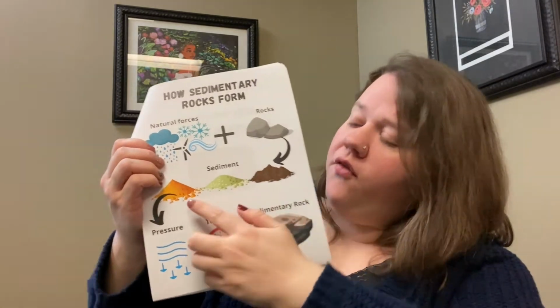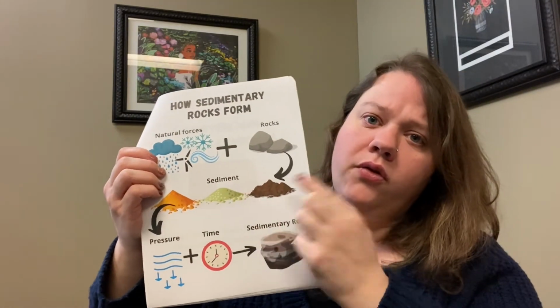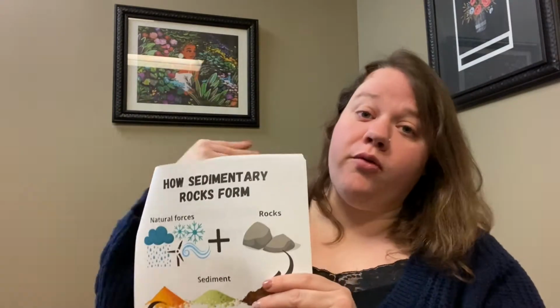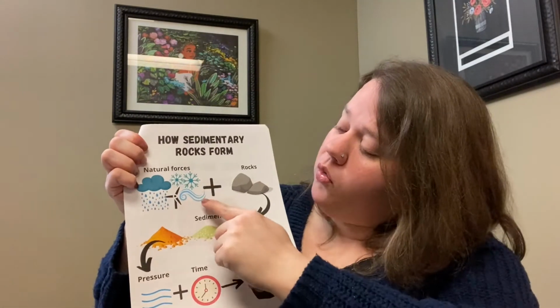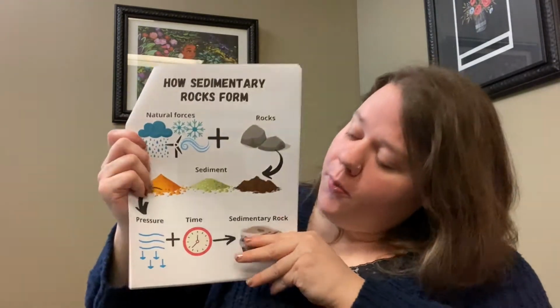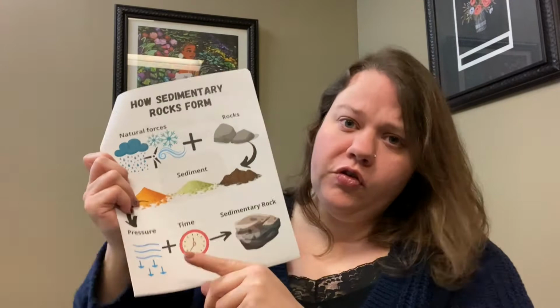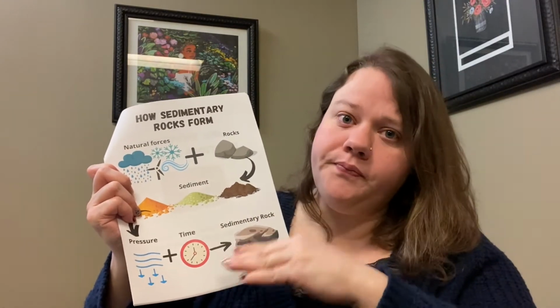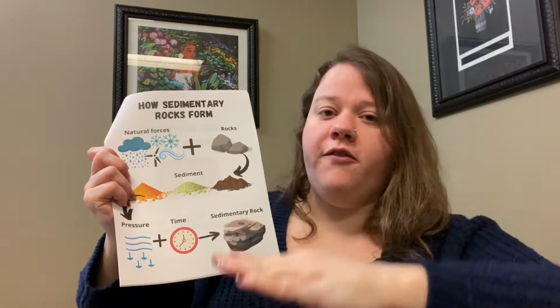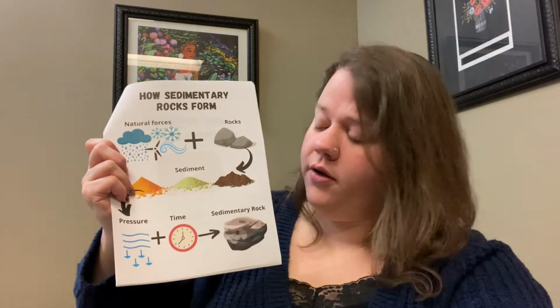So you have sand, gravel, dust, and all of these get moved around by the same elements, water, wind, or ice. Then they're put under pressure somehow. Usually they're underwater, but it can also be from all the sediment on top of each other, eventually weighing down everything underneath.